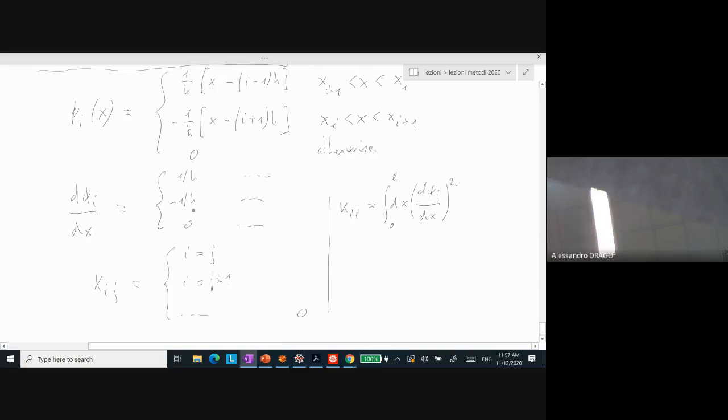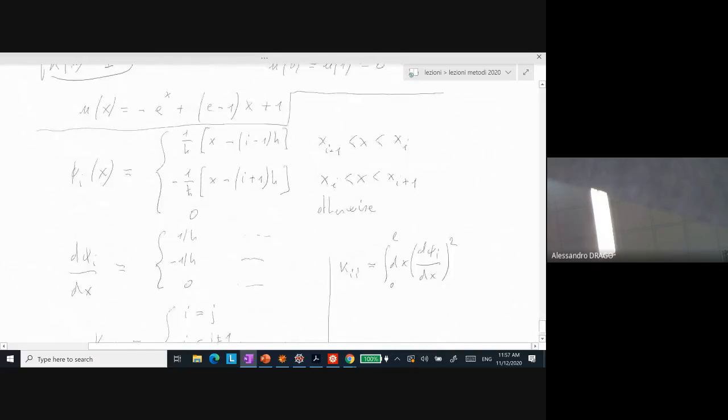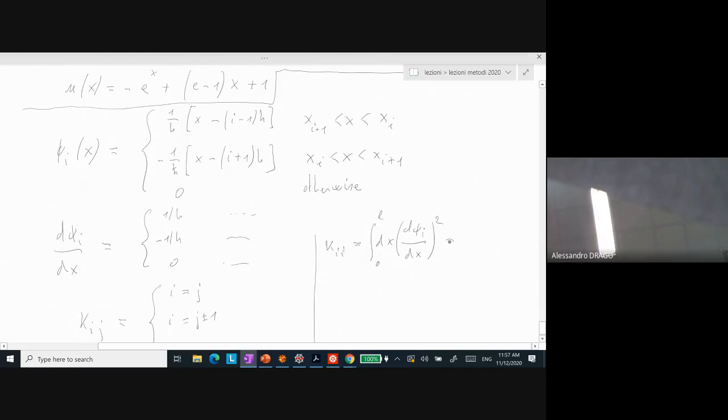And this is not 0 on an interval which has a length 2h, that is 2 of these steps. If I take one of these objects, they are different from 0 on a range which spans h and h, so 2h. So this is just equal to 2h times 1 over h squared, which is, of course, 2 over h.